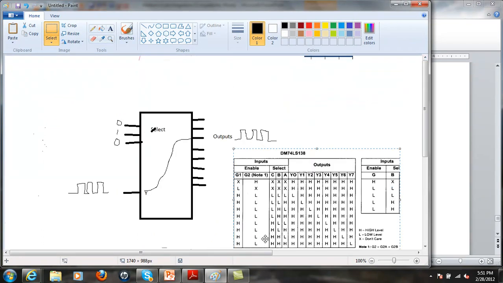So what I'm doing is going back and forth between G2 being low, so here it's low, and let's say I picked this input right here. So I picked 0, 1, 0, so I've picked this one. And I'm going high, low, high, low.